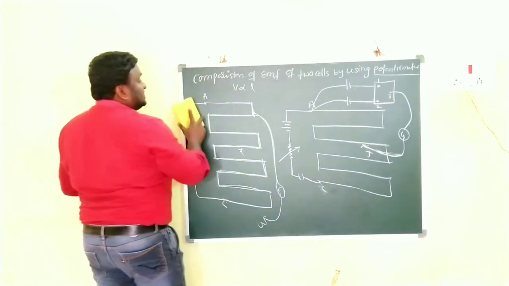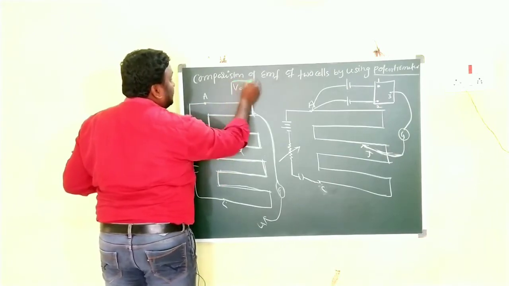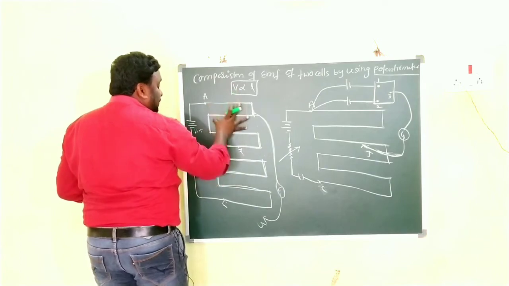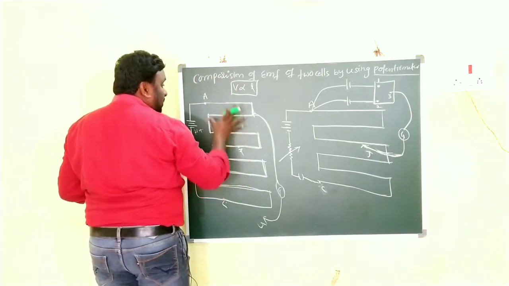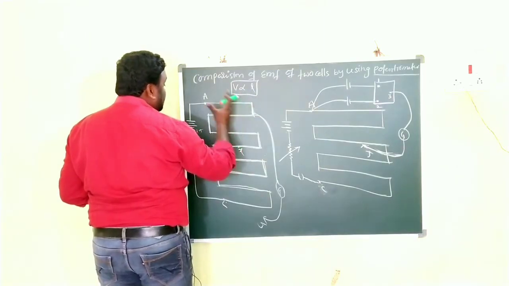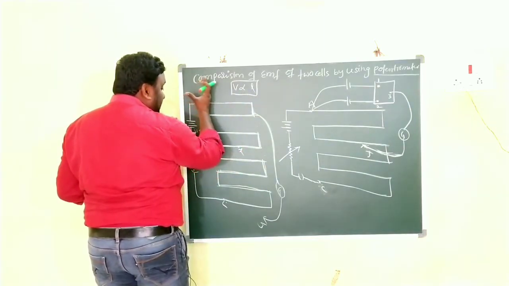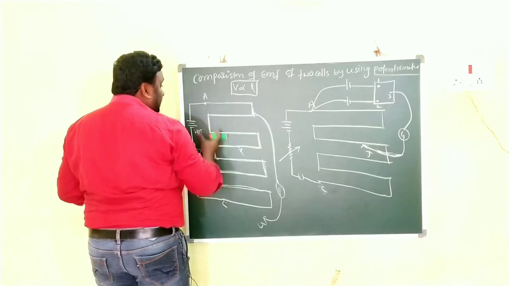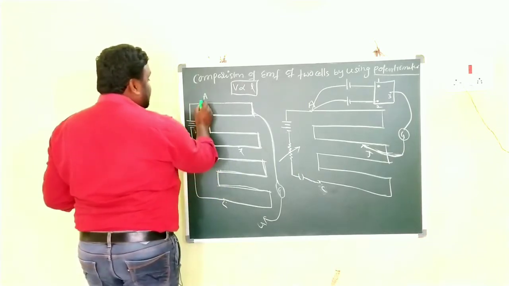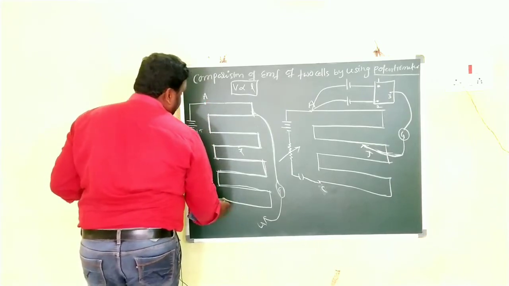So children, this is the working principle of a potentiometer. Got my point, children? The potentiometer consists of a long wire of equal parts. The gaps between the wires should be connected with copper strips, and finally we have a long wire with many turns. This is the first end of the wire, and C is the second end of the wire.